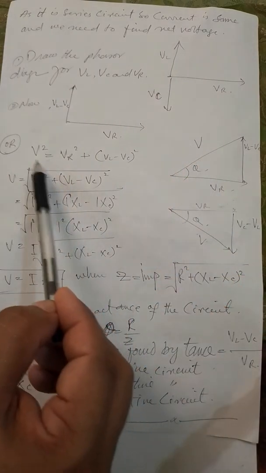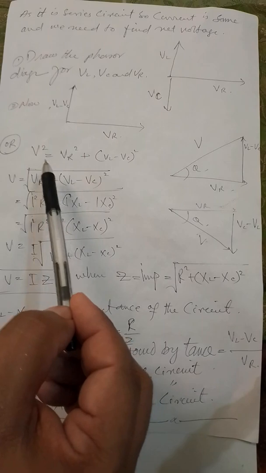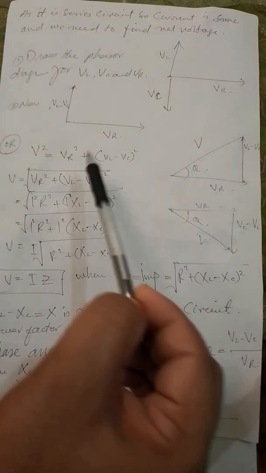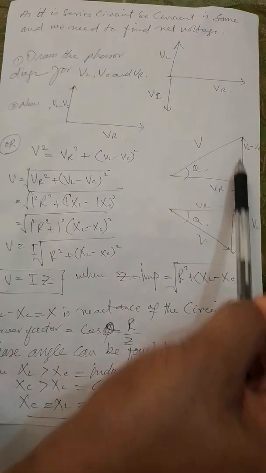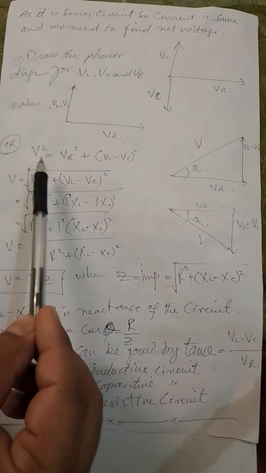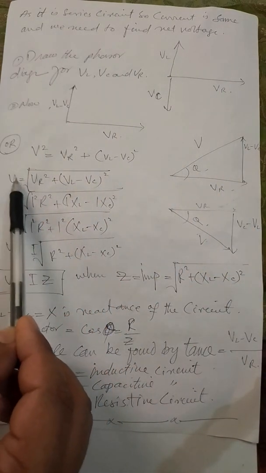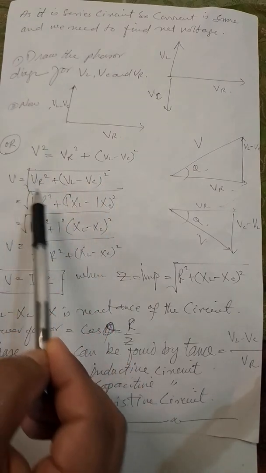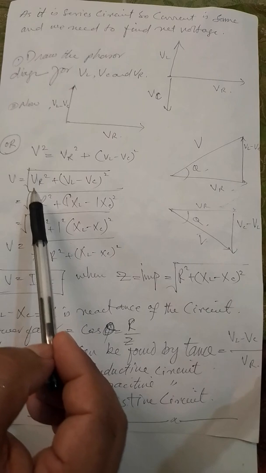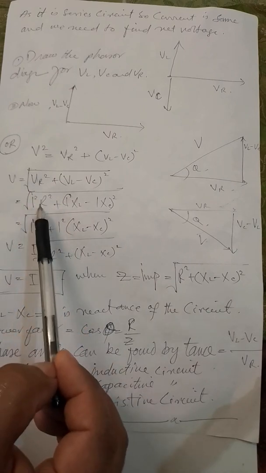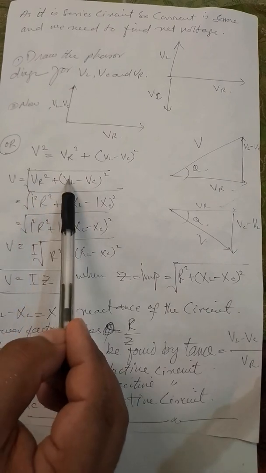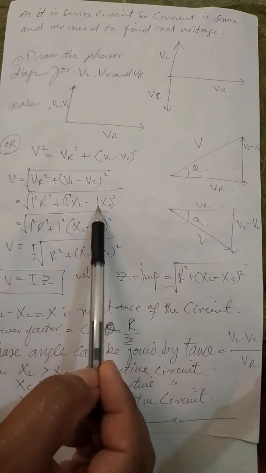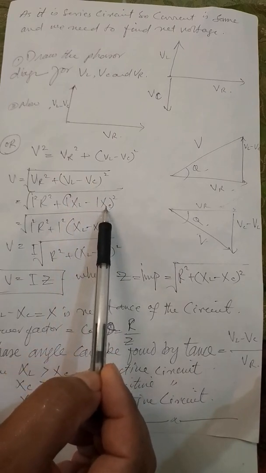Mathematically, we can find it by Pythagoras. V squared is equal to VR squared plus (VL minus VC) whole squared. Taking the square root on both sides, V is equal to the square root of VR squared plus (VL minus VC) whole squared. And as we know, V is equal to IR for resistance, V is equal to I XL for the inductor, and V is equal to I XC for the capacitor.